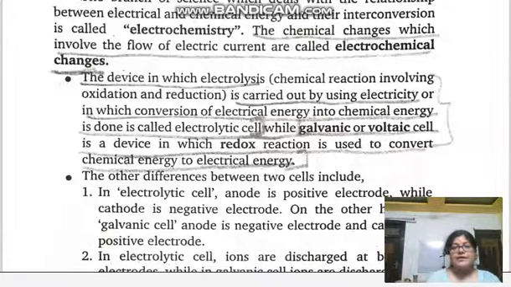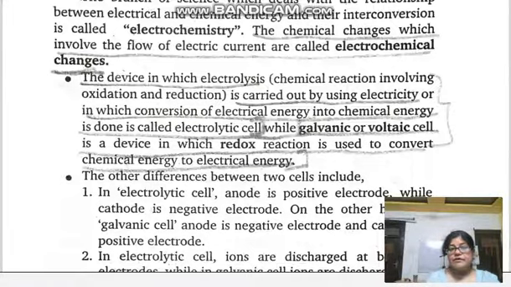Now the devices in which electrolysis is carried out by using electricity, or the devices in which there is a conversion of electrical energy into chemical energy, are called electrolytic cells. Generally a question is asked: what is an electrolytic cell, what is a galvanic cell, what is a voltaic cell? Firstly, what is an electrolytic cell?